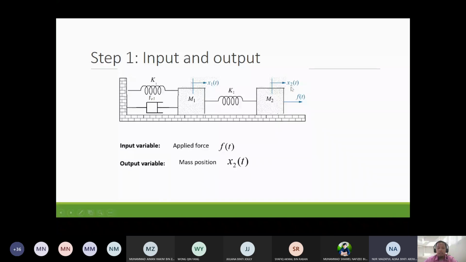The output can be x2 or x1. But in this example, we use x2 as the output. Okay, just to show you how to get the transfer function.